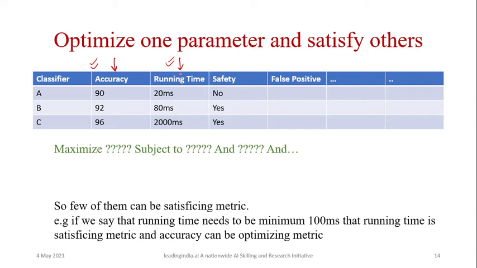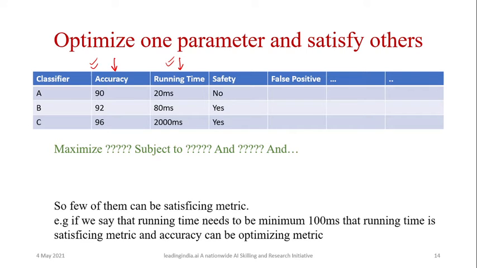Now let's take another example. Suppose I want to make a model for a driverless car. Again, on one hand we have a model with 98% accuracy that takes 2 or 3 seconds to complete the operation. On the other hand, we have a model with 95% accuracy that takes 10 milliseconds. Which is good for a driverless car?